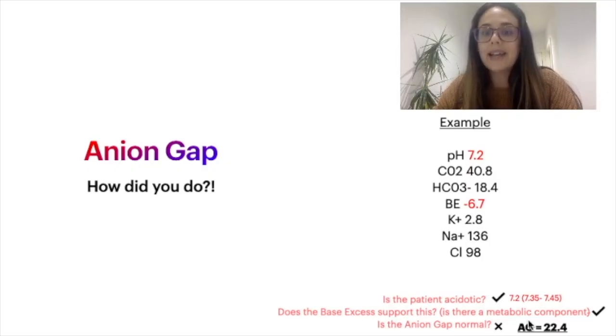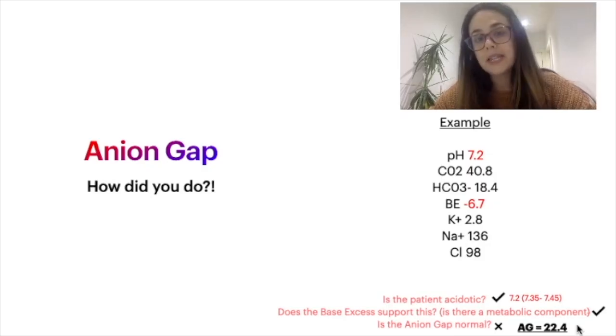And is the anion gap normal? It's not. It was 22.4. So this patient has a metabolic process due to some kind of acid gain. We'll probably see that, as I said, on other blood work, if not on the blood gas itself.